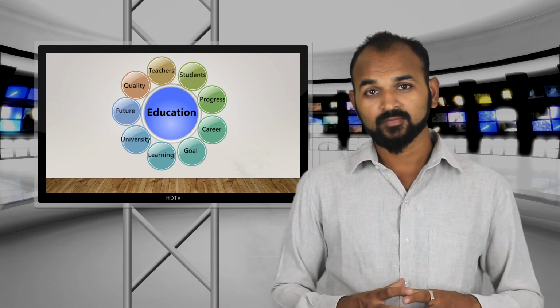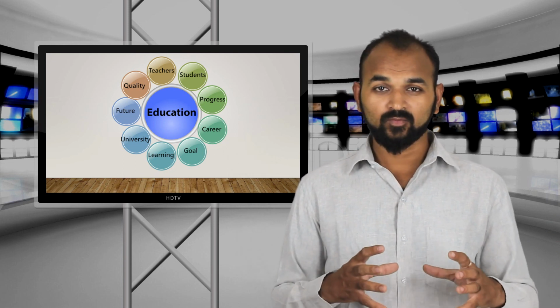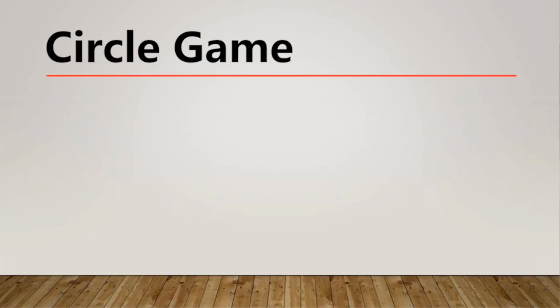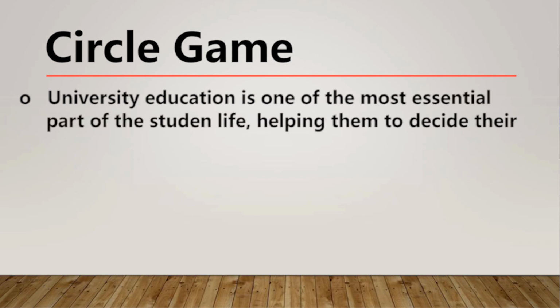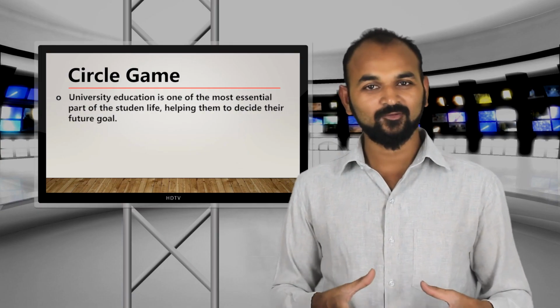These four words. Now let's try and make one sentence, and if you put all these words together, you can come up with something like this. University education is one of the most essential parts of student life, helping them to decide their future goals. Now you see how easy it is to make a sentence like that? It is very easy, it is fun, isn't it?